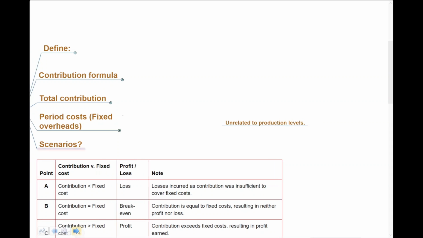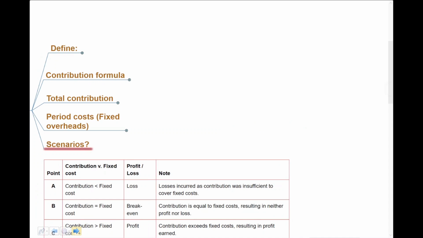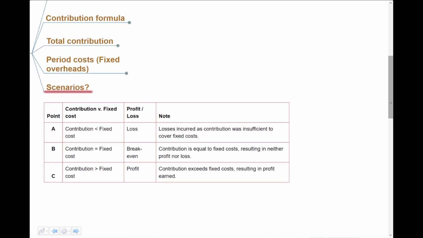Now, in terms of scenarios, given what we've said so far, i.e. we defined contribution, we said selling price less marginal cost, we looked at period or fixed costs, what are the possible scenarios that we might be faced with in the exam? You'll see I've just cut and pasted from the study-up. So let's look at point A. We've got a scenario where contribution is less than fixed cost.